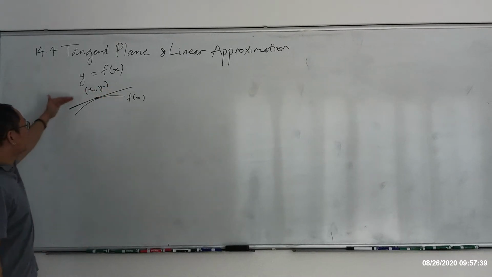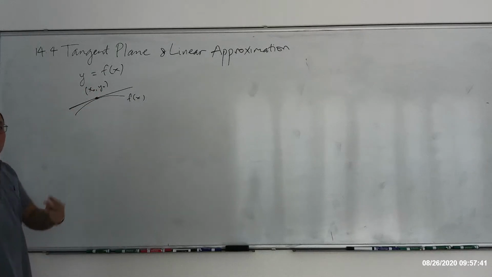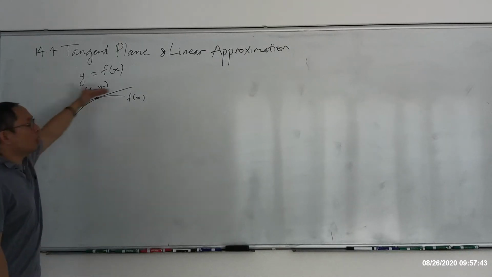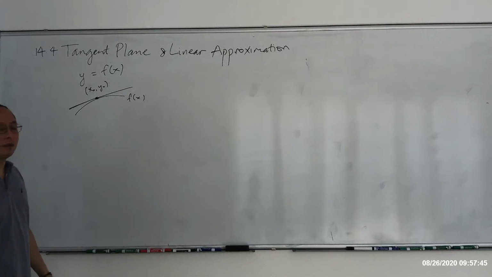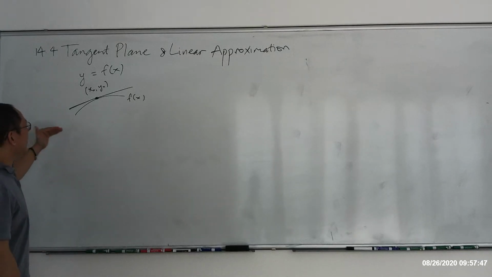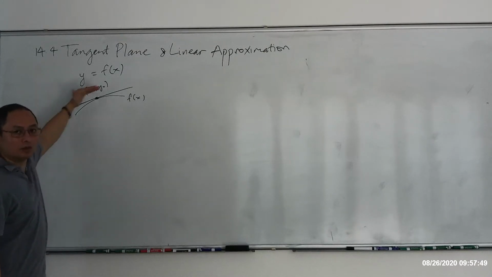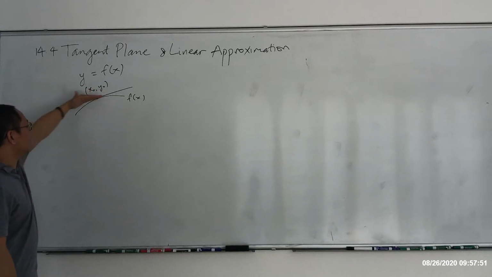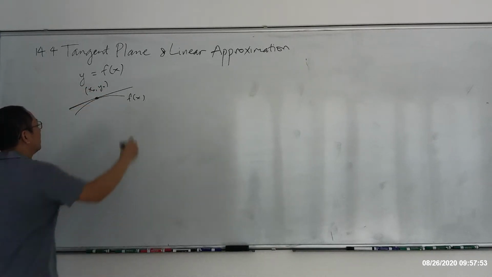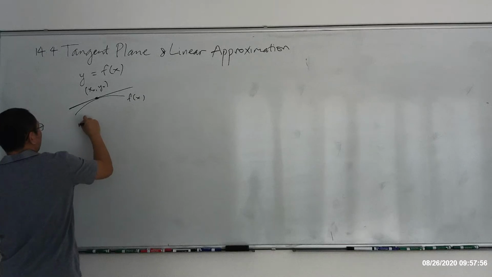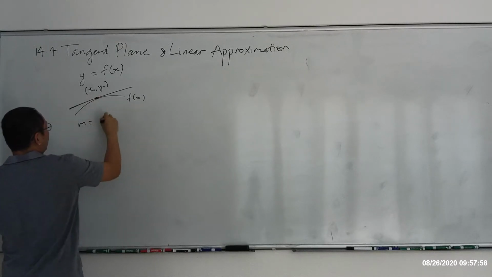So how do you find the equation of a tangent line? You need two things, a point and the slope. The point is given already. How do you find the slope? The slope is the derivative, by definition, the derivative of the function at the point. So the slope m is f prime at x naught.